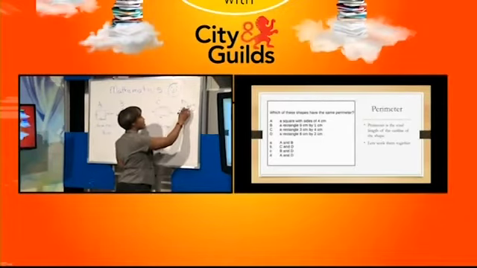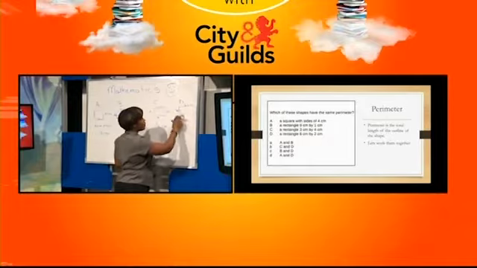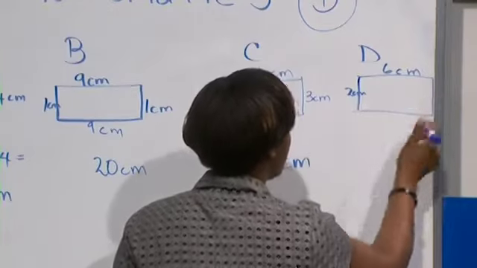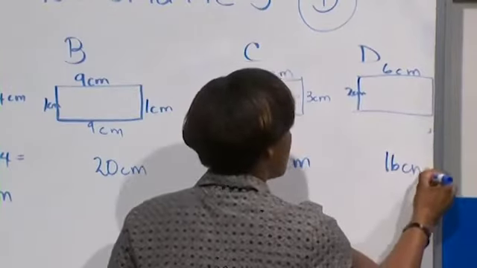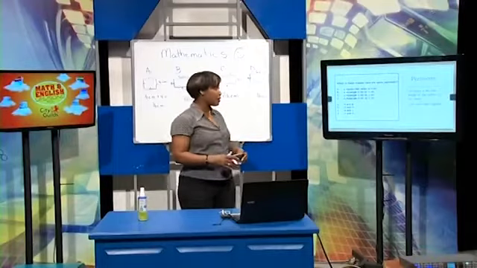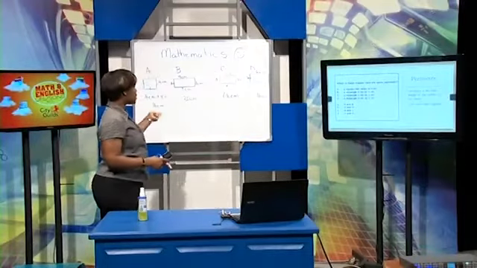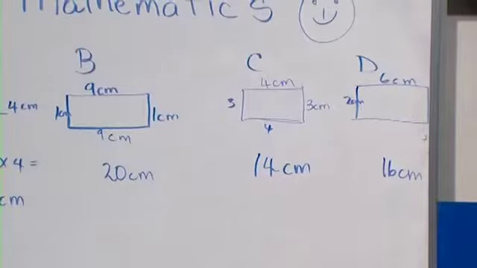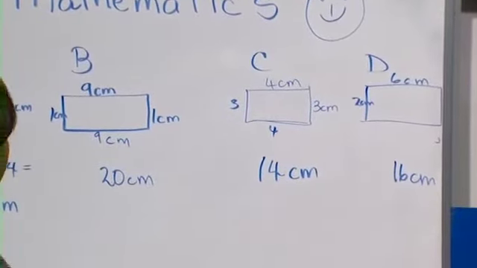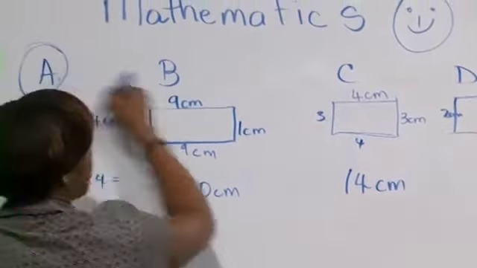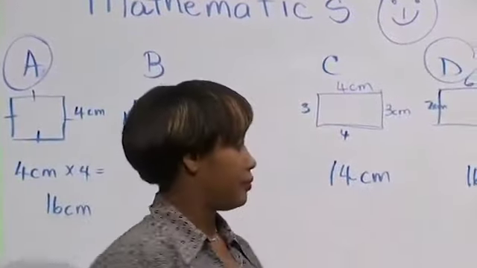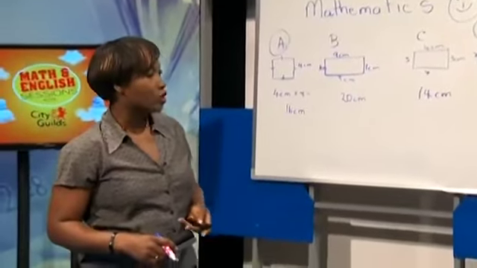And this is 6 plus 6, 12. 12 plus 2, 14. 14 plus that is 16. So for these questions you pretty much work out the perimeter. And you can observe 16 and 16. So the options would be A and D. So D is your choice.